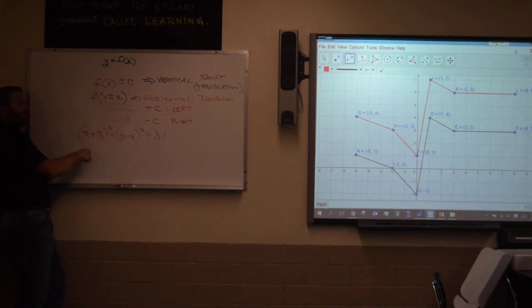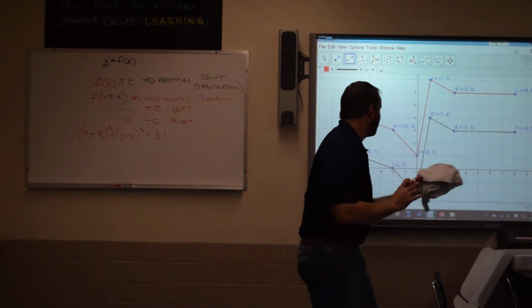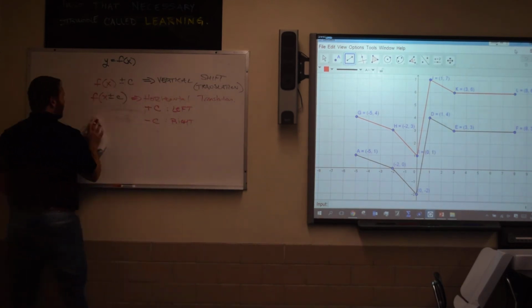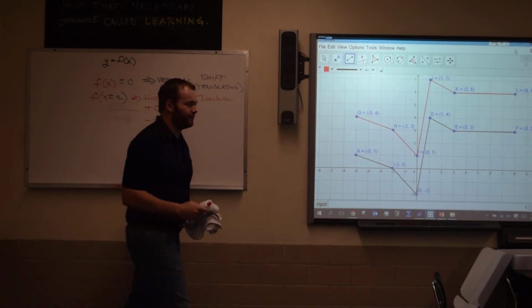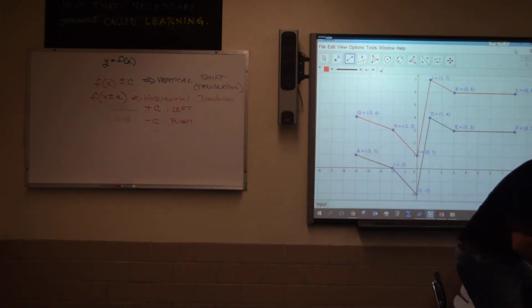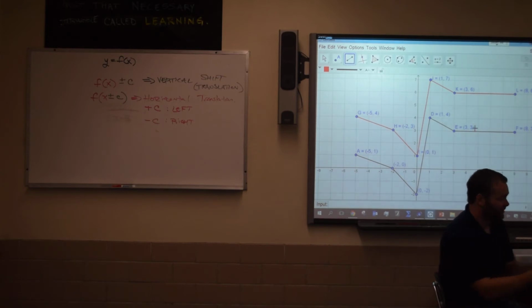And that's kind of counterintuitive to what we would normally think with pluses and minuses. But we are going to impact the x's in this case. So adding c moves them left and right. C could be positive, c could be negative. If I'm adding a positive number, it moves it left. If I'm adding a negative number, it moves it right.